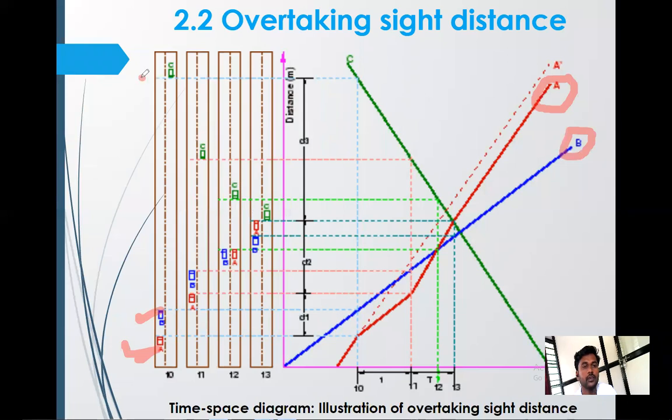And vehicle C is indicated by this green line.